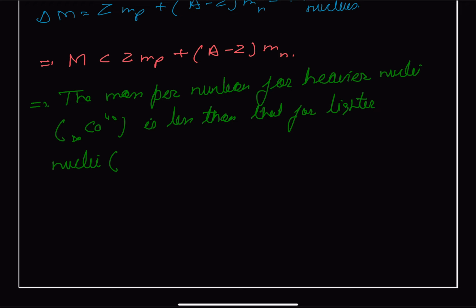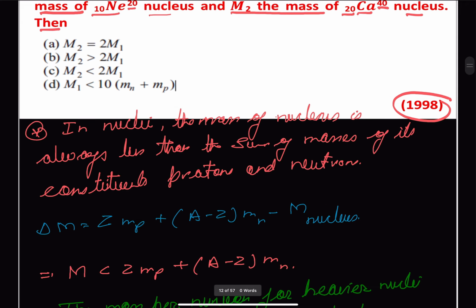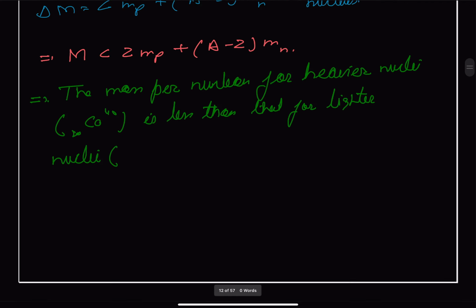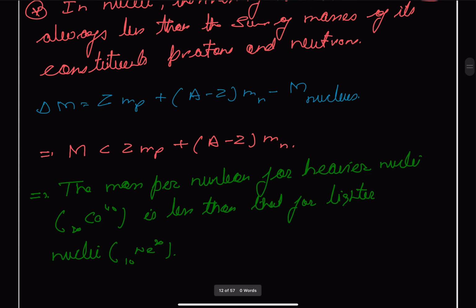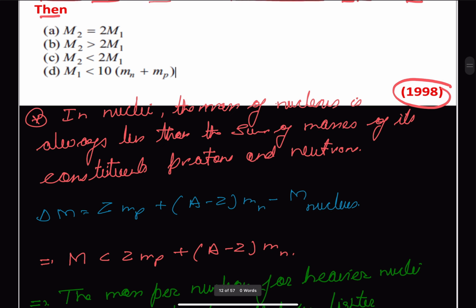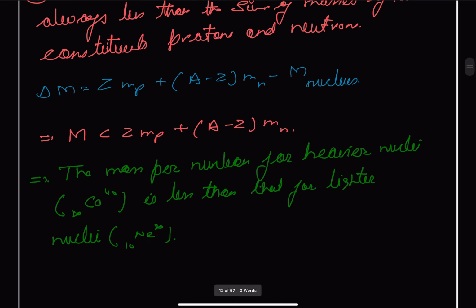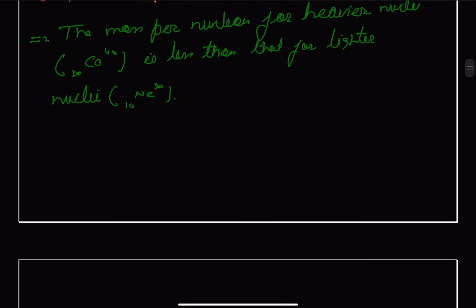And in this case it is 10 Ne20. And because it is given in the ratio, we can also compute their ratio and try to get the more exact option.